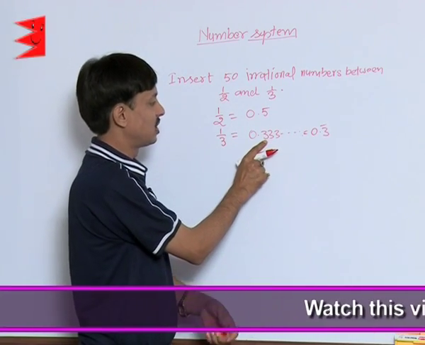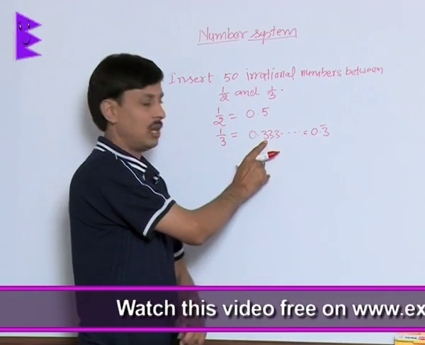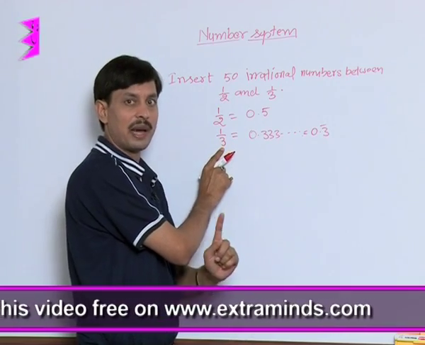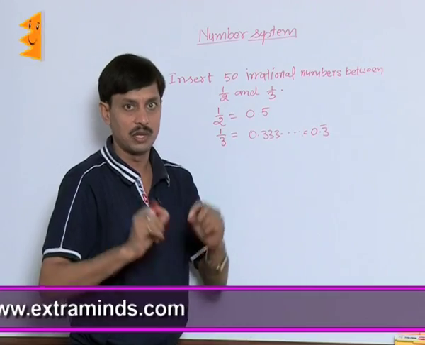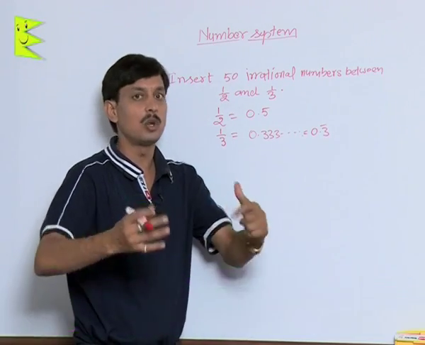Here repetition has started immediately after 1 place. In the case of non-terminating rational numbers, repetition has to start after denominator minus 1 places or before it.